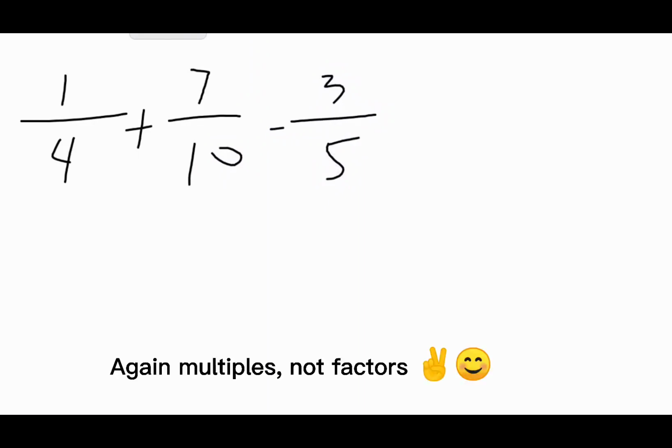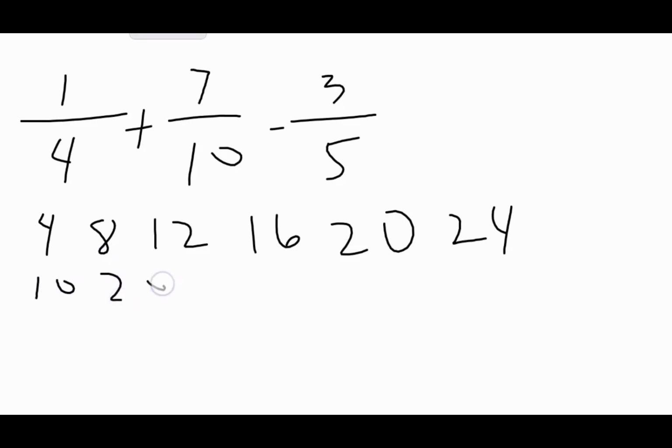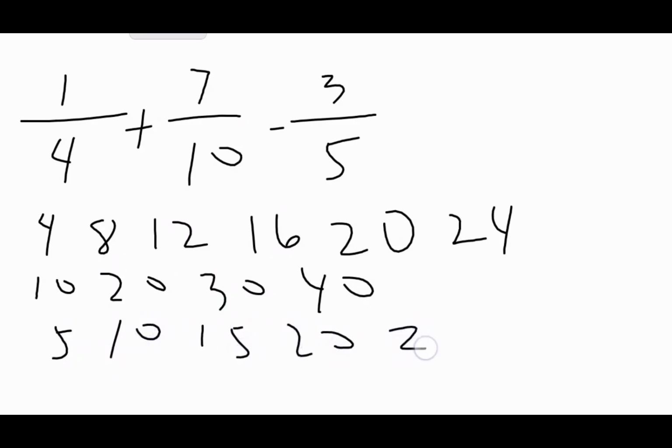Last example, 1 over 4 plus 7 over 10 minus 3 over 5. Again, we can do it by getting the multiples. Multiples of 4 are 4, 8, 12, 16, 20, 24, and so on. Multiples of 10 are 10, 20, 30, 40, and so on. Multiples of 5 are 5, 10, 15, 20, 25, and so on. So obviously, the common to the three denominators is 20.